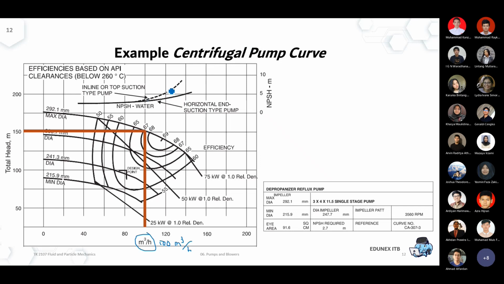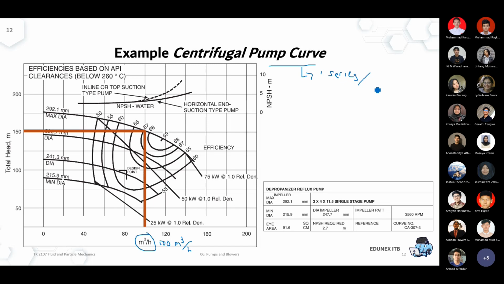So let's say for one specific pump given by the licensors, they give you a very specific pump curve. This pump curve will be very specific to one series or one type of pump.